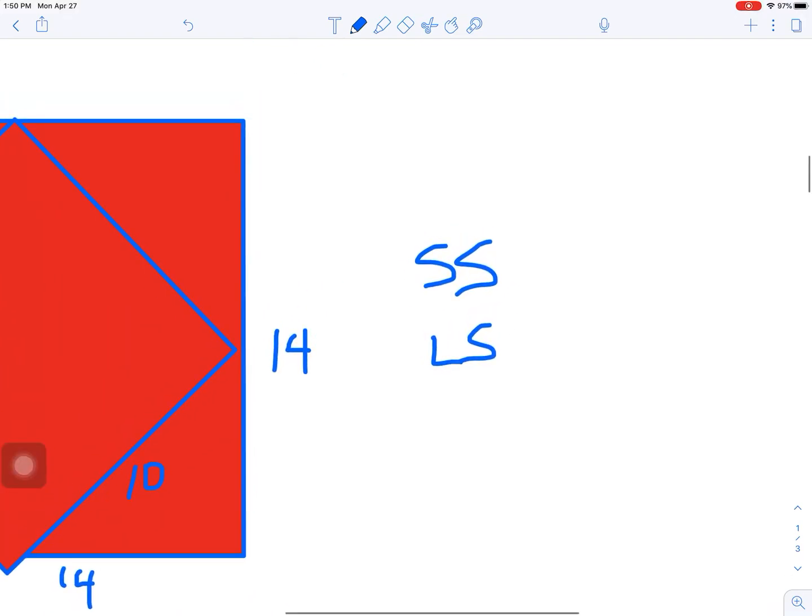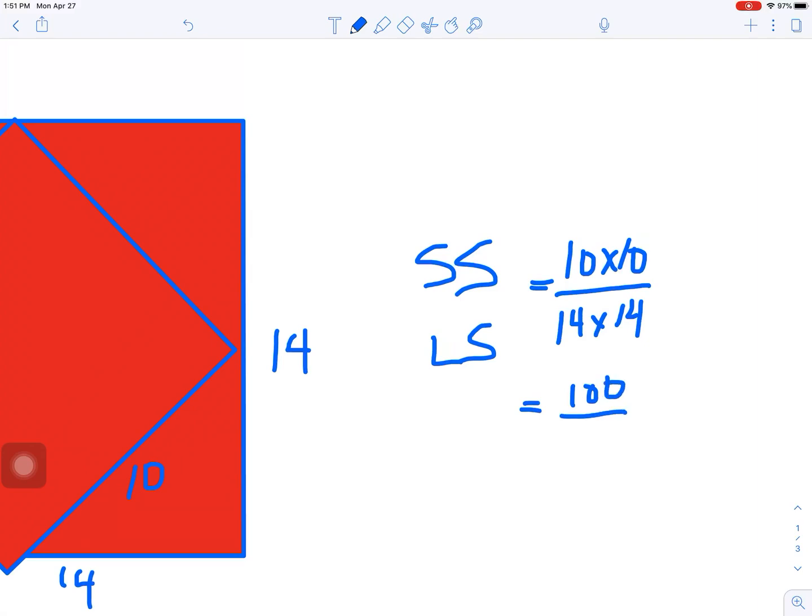So the numbers that we're working with for the smaller square are 10 by 10. And the larger square would be 14 by 14. So if we figure that out, we get 100 over 196.